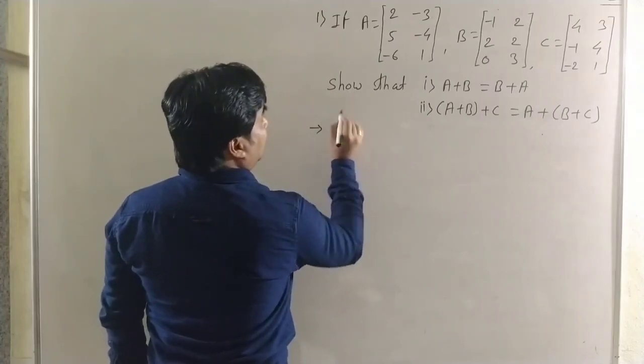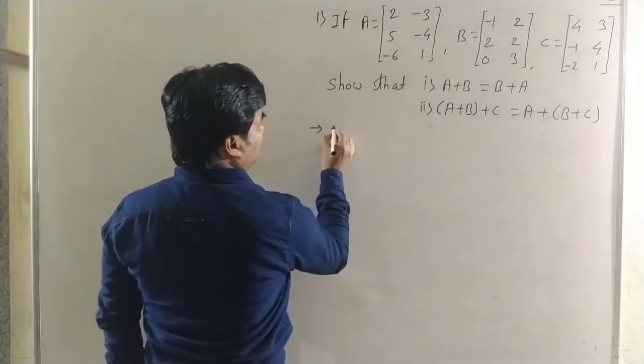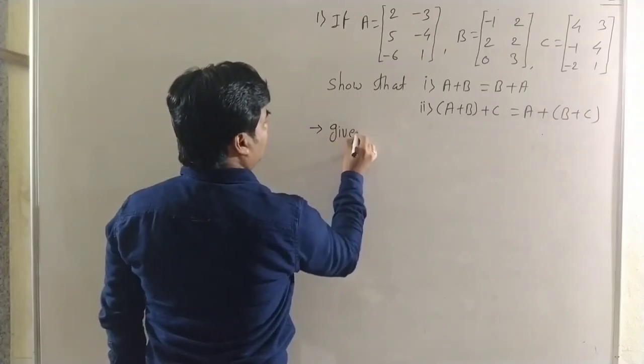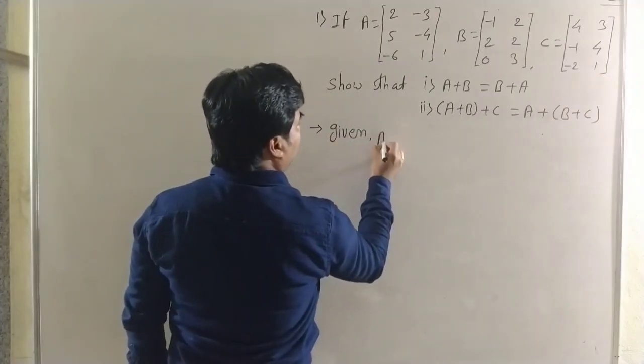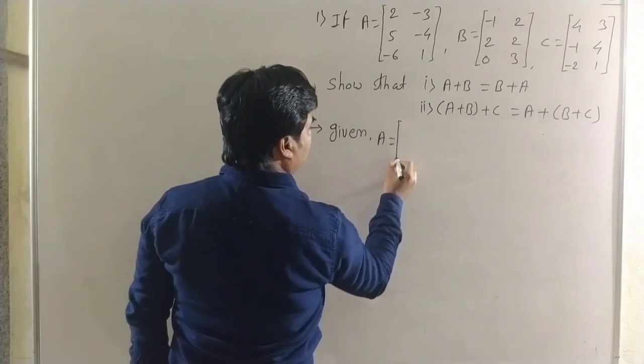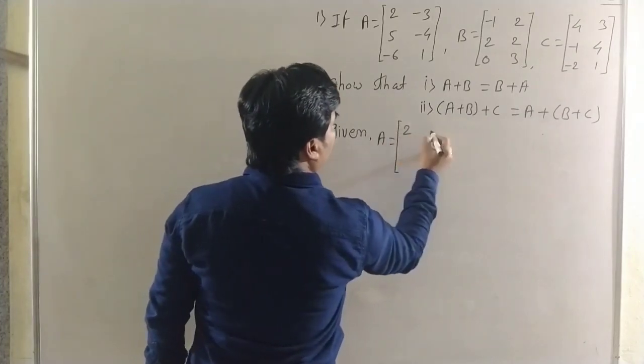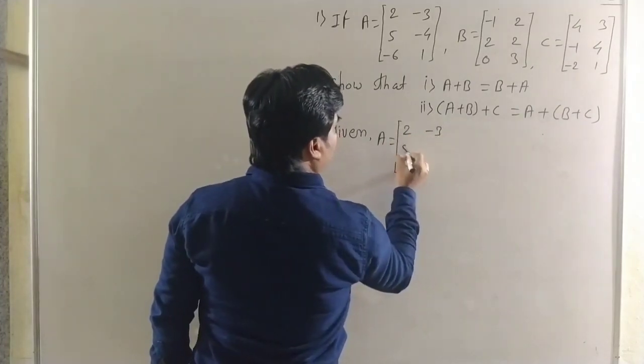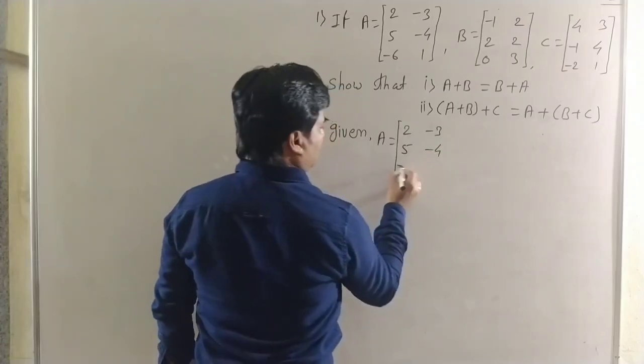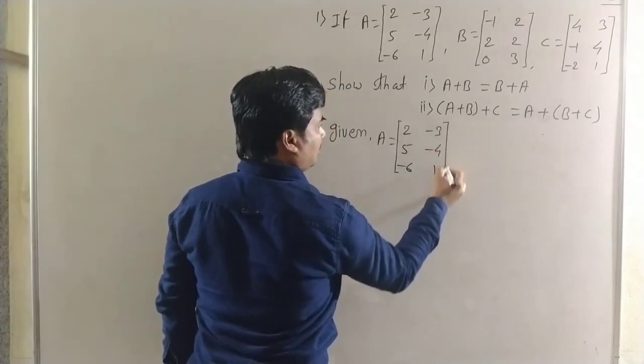For the first, given matrices: A is 2 minus 3, 5 minus 4, minus 6 1.